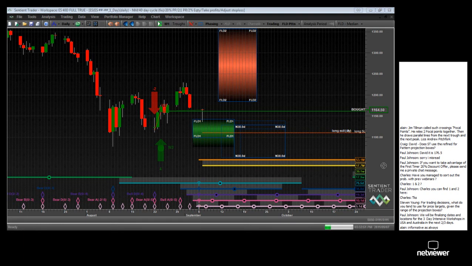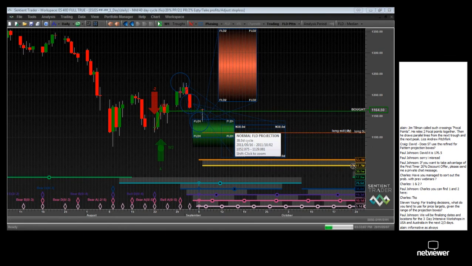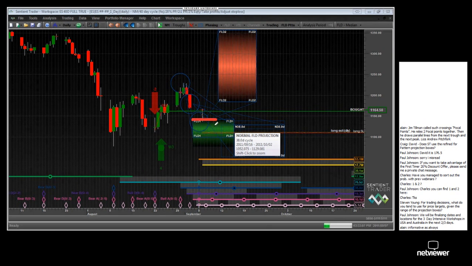As a general rule, if price enters this box as defined by the blue lines, then it's very possible that the price target has been fulfilled with a shortfall. So price here dropped into this box. You see it dropped down to that level there. When that happens, Sentient Trader moves the start of the next leg, indicated by this circle over here.